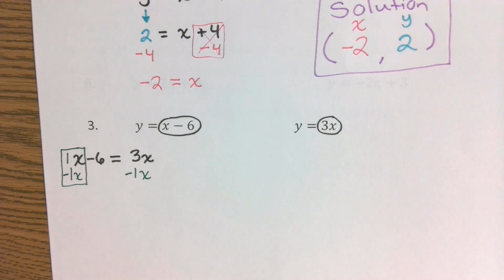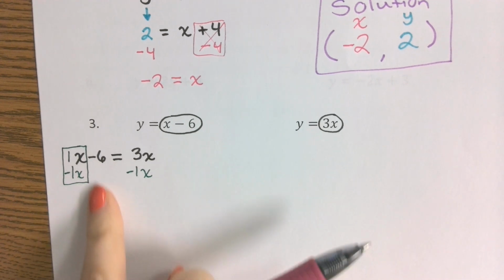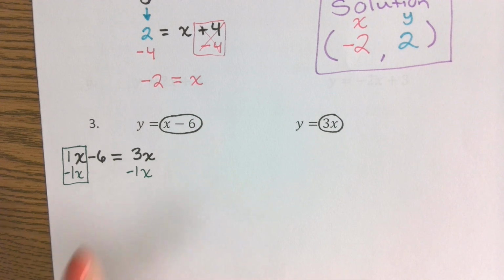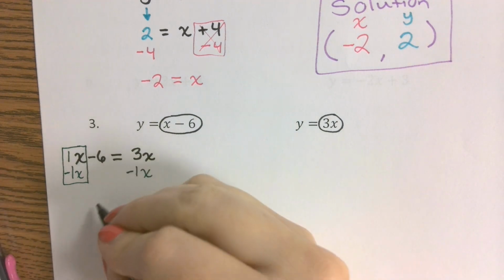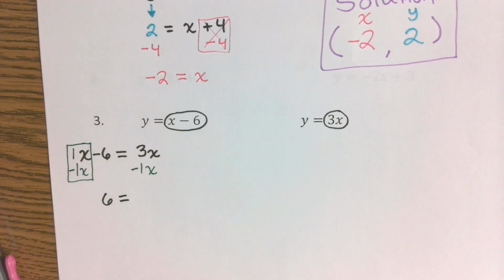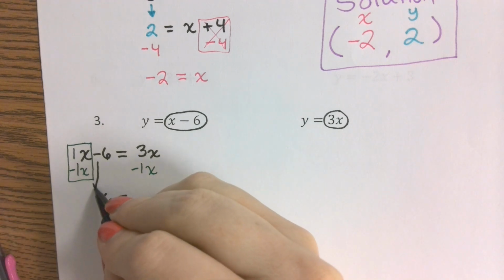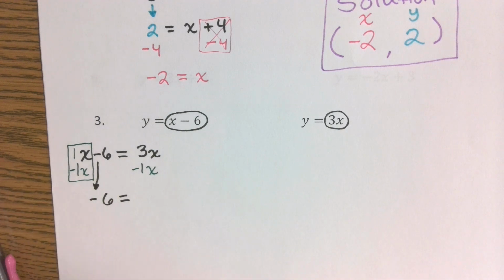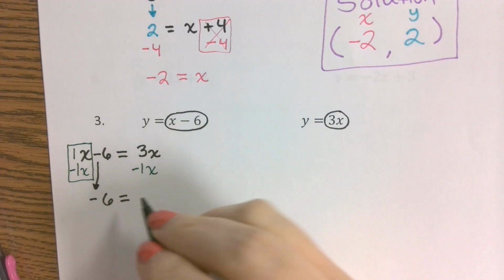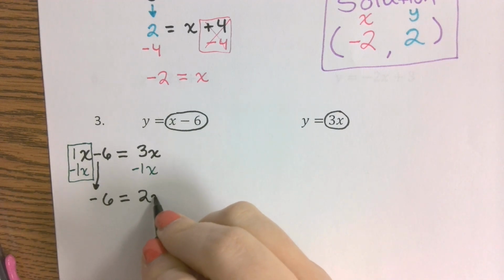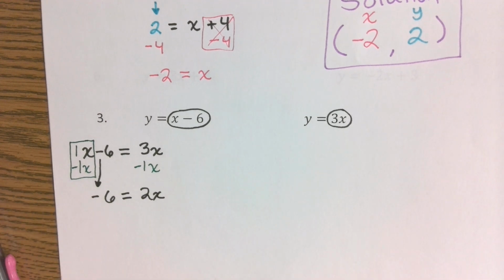Okay. Now, when I do so, what am I left with over here? I'm left with 6 equals negative. That minus sign has to come down. Please don't forget that. Negative 6 is equal to what? 2x. Okay, and then from here, what do I need to do to solve?